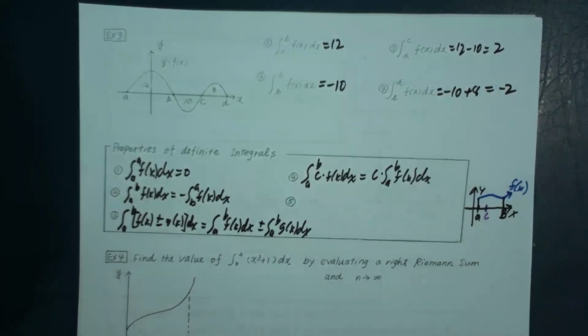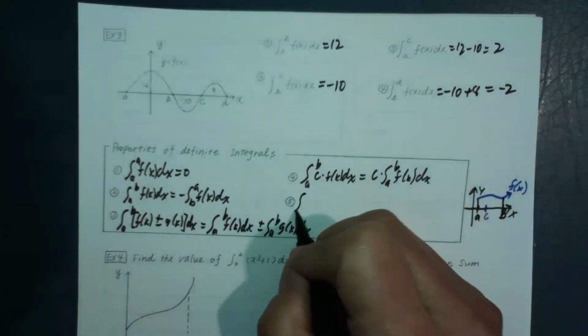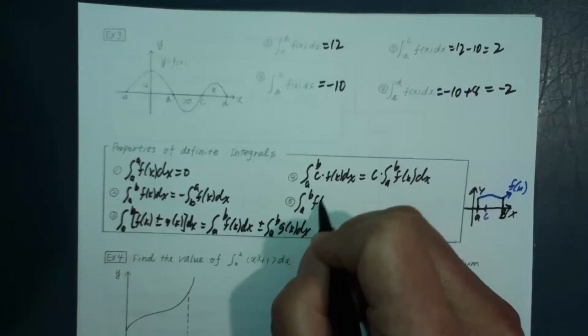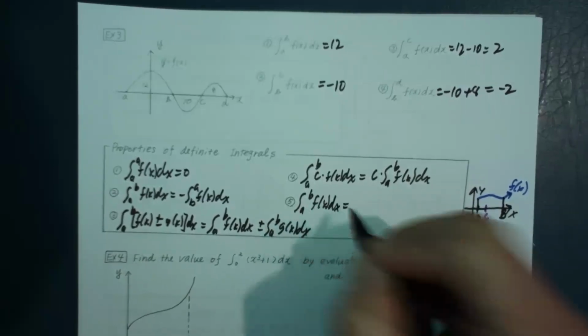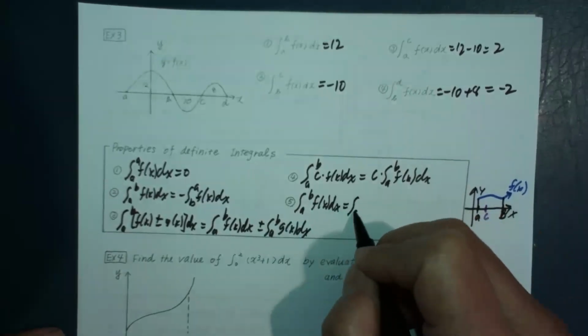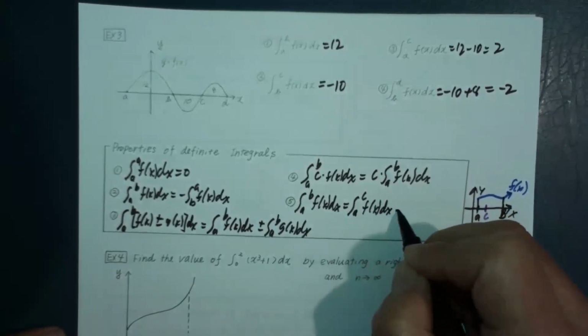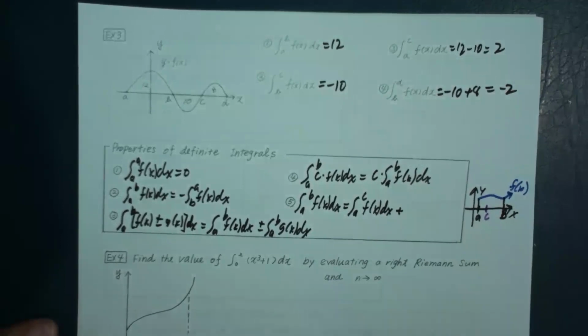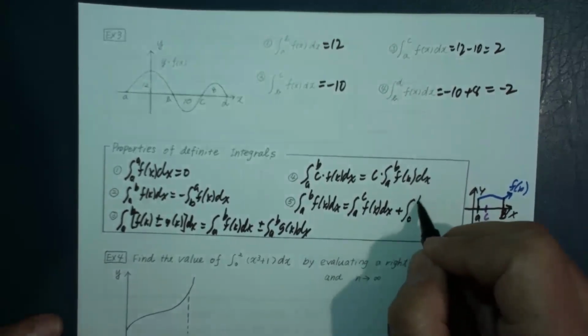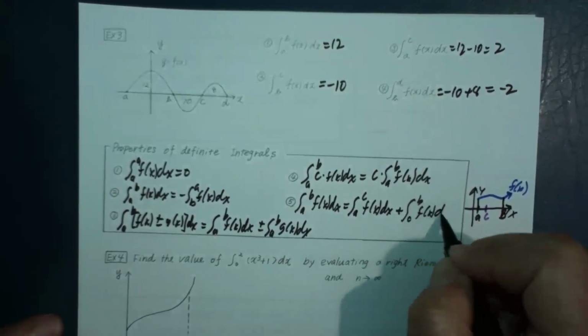Then what I can do is take the integral from A to B of f of x dx, and split that up: the integral from A to C of f of x dx, plus the integral from C to B of f of x dx.